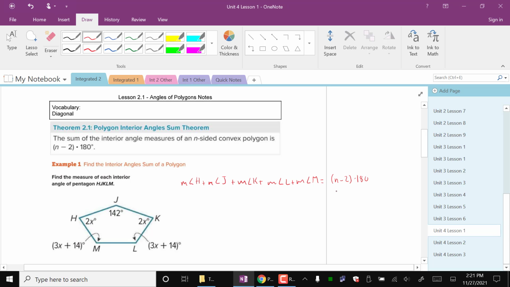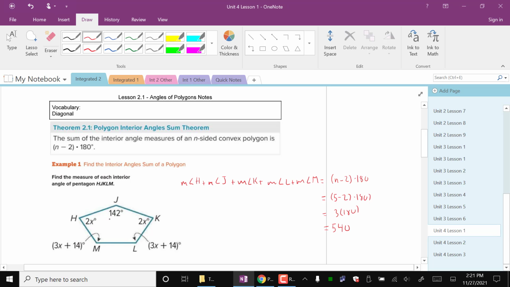And as we said, n in this case is going to be 5 because this is a pentagon. So this is going to give us (5 - 2) times 180, which is 3 times 180, which is 540. So 540 degrees is the sum of all these angles.